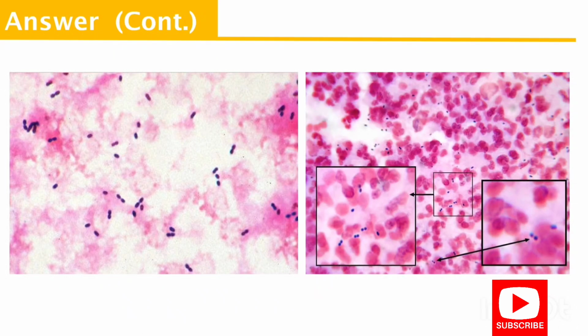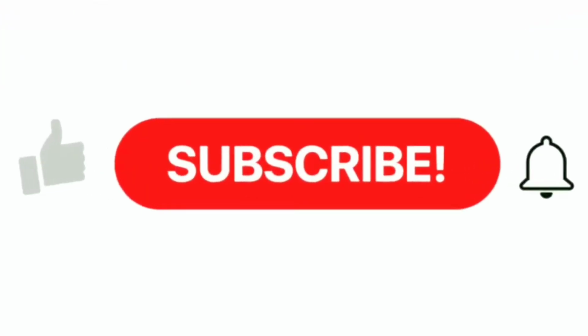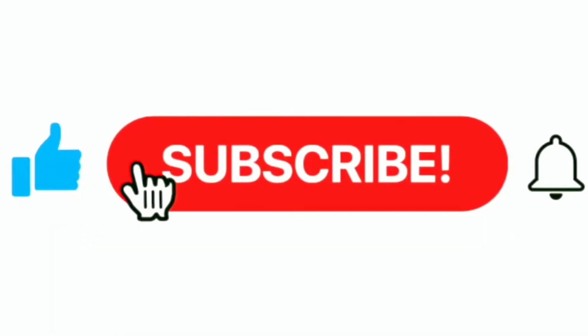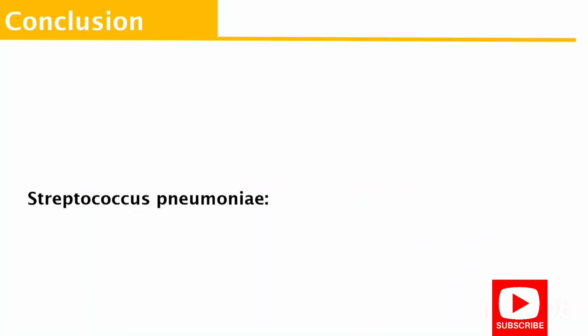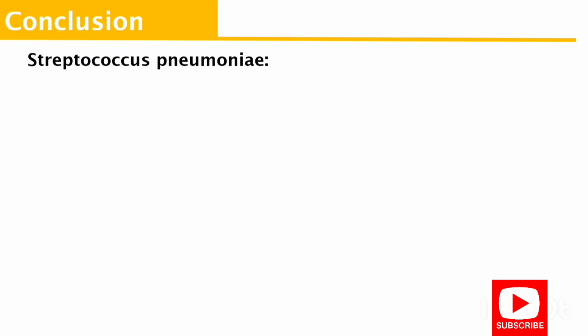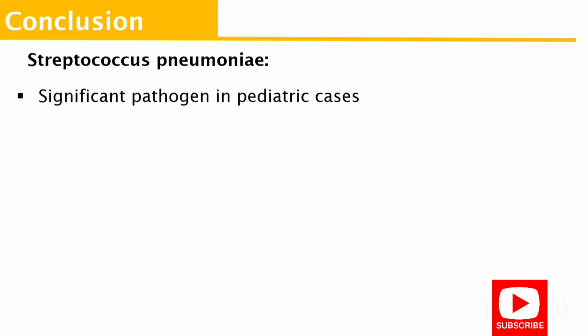Now, let us look at the conclusion aspect of this. First of all, we need to know that Streptococcus pneumoniae is a significant pathogen in pediatric cases, meaning that it is commonly associated with children, and this can be commonly seen as bacterial meningitis, meaning that the meninges have been infected by bacteria, for example Streptococcus.